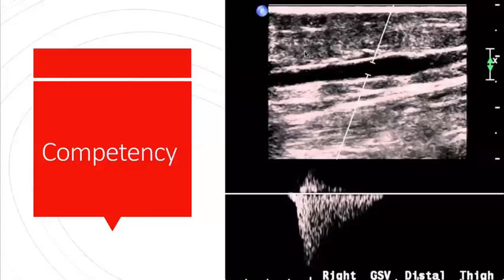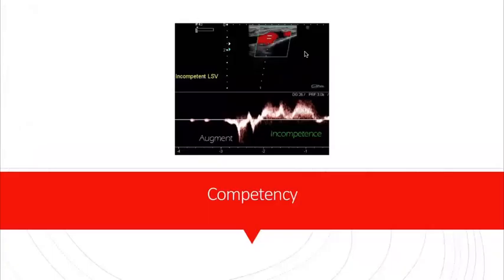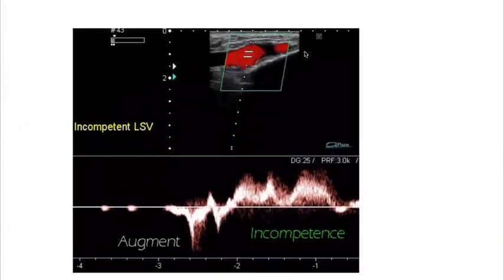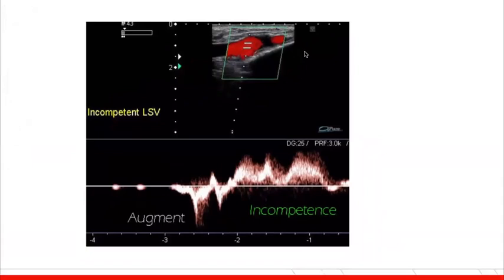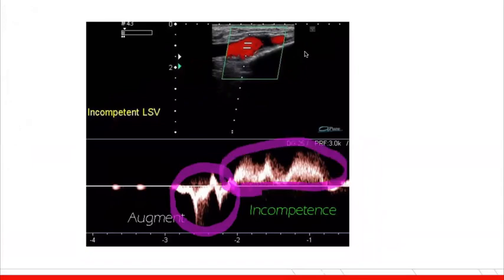So if you look at this one, look, there's that initial bump with the tech squeezing, and then look, after that the flow did not stop because these valves are incompetent, right? When you're looking at flow, you're looking at different things when you're checking for a DVT.